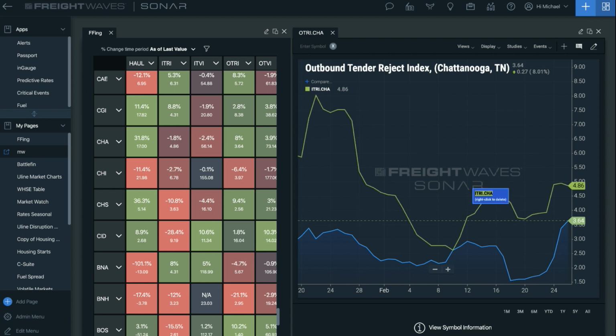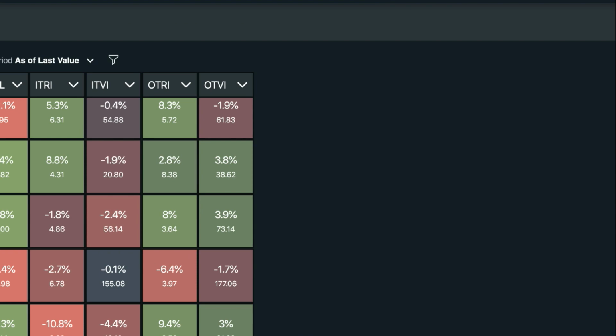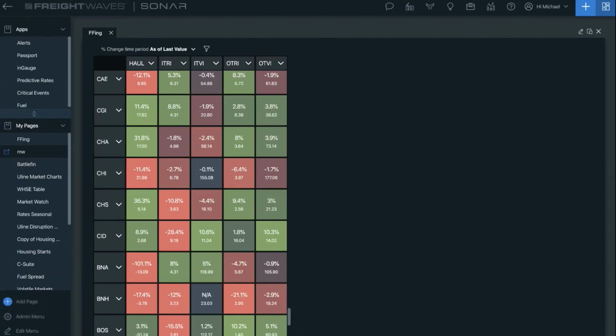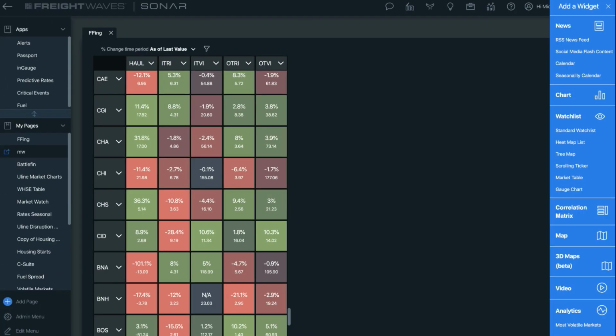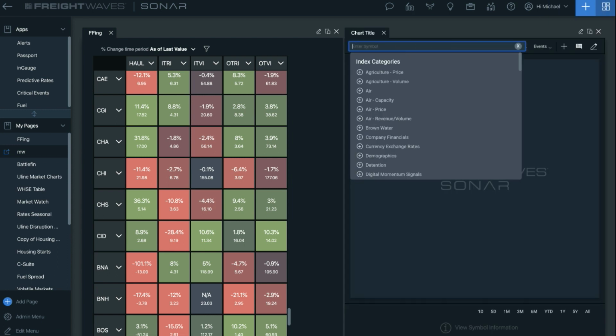Now, this in particular did not pull it up this high this quickly. It would be rare for something like that to do that, but if we add another chart, I can show you what was going on in the volume side of things for Chattanooga that caused me to look at this.